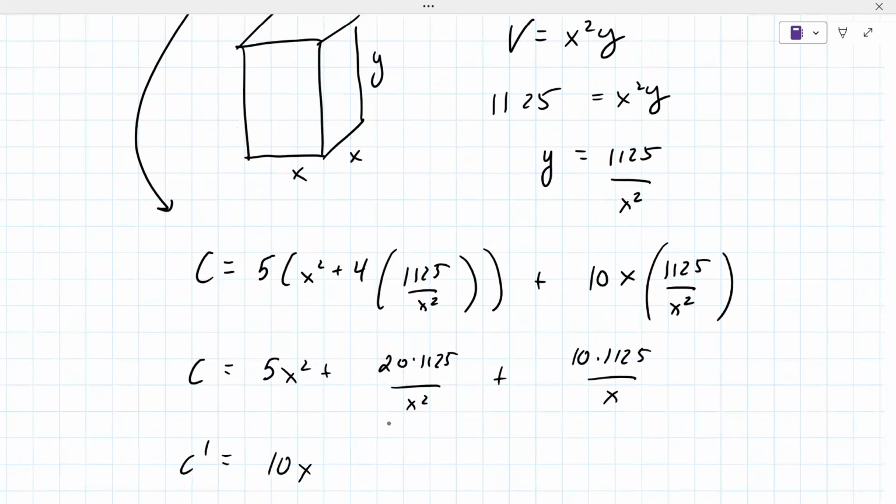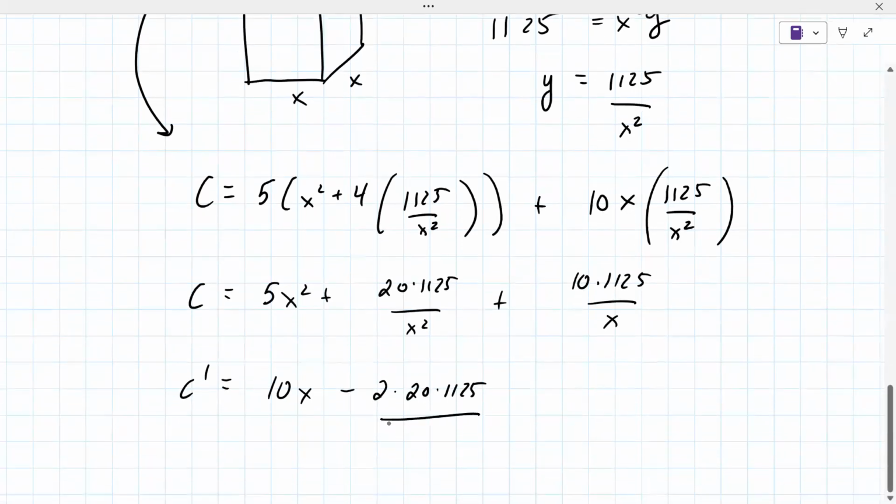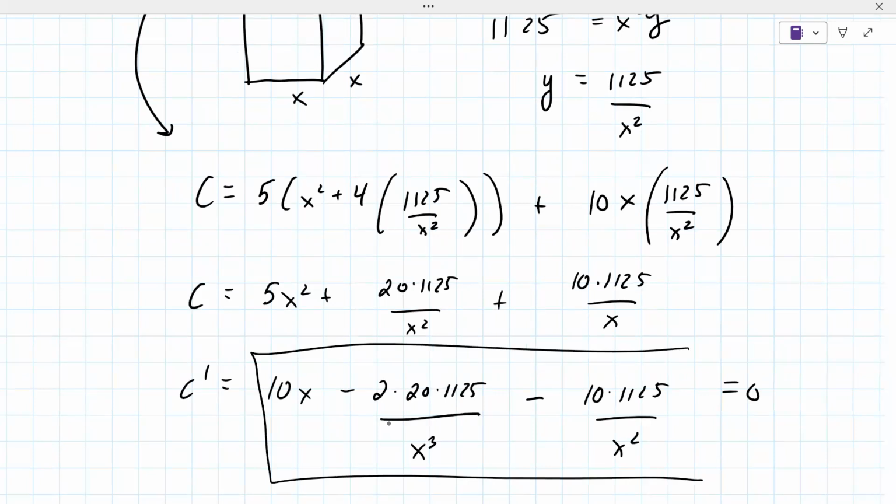So your derivative is 10x minus 2 times 20 times 1125 over x cubed minus 10 times 1125 over x squared. And you have to set this equal to 0. And this part is hard to solve. That's why I'm asking if this was designed as a calculator problem.